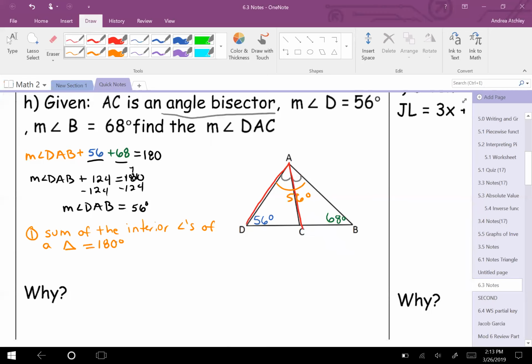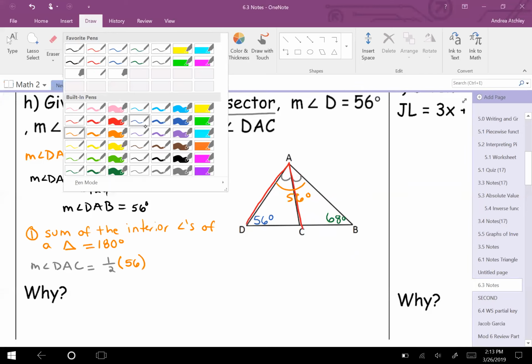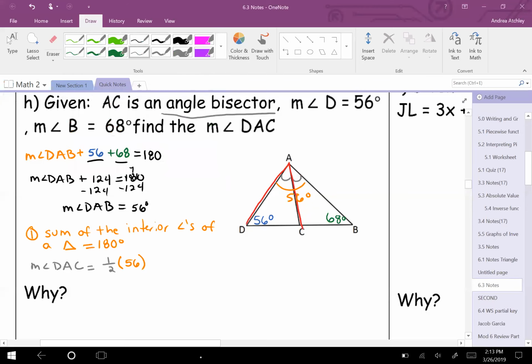Okay, now we just need to find the measure of angle DAC. So the measure of angle DAC is going to be equal to half the measure of 56. So the measure of angle DAC is equal to 28.